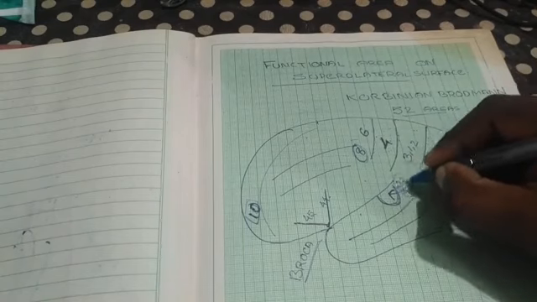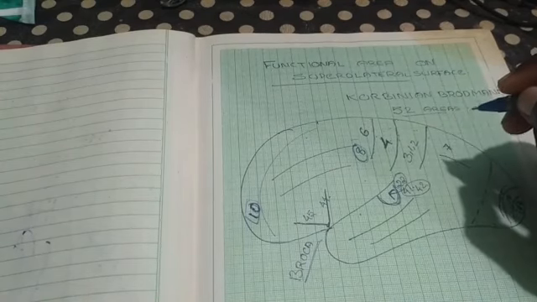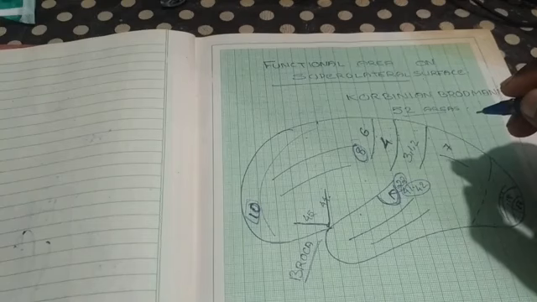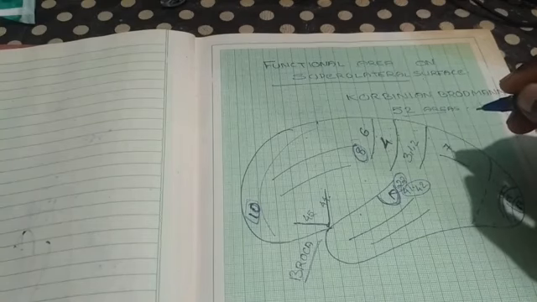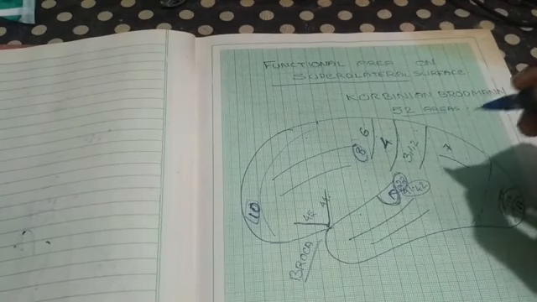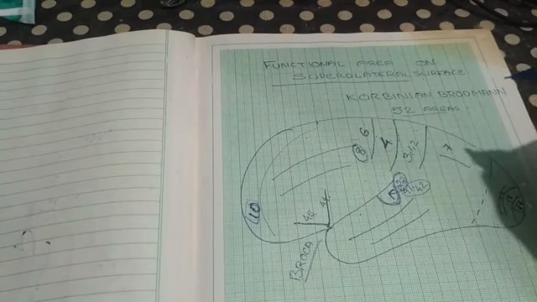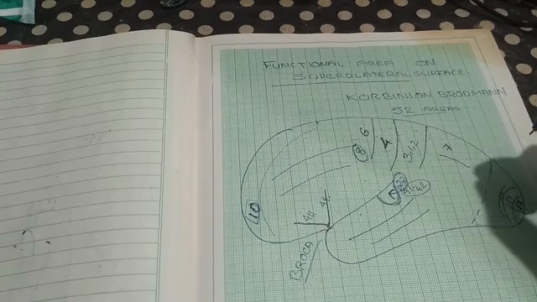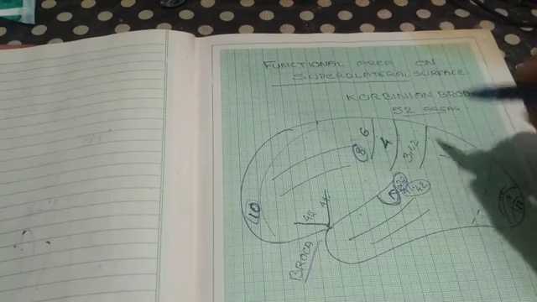That's area number 22. When a lesion occurs on this region, that may cause auditory agnosia.